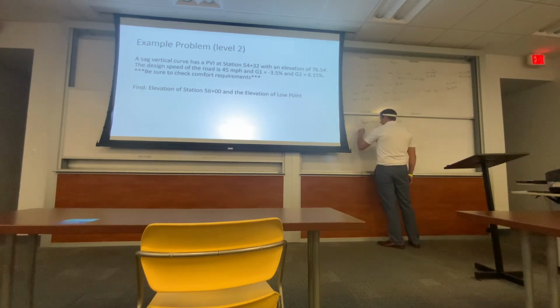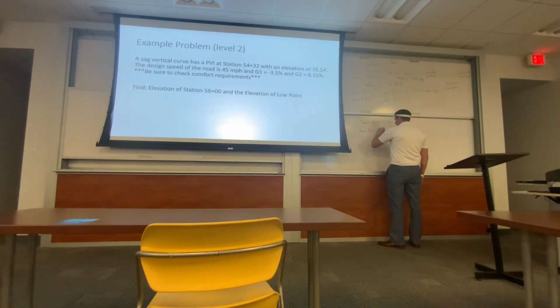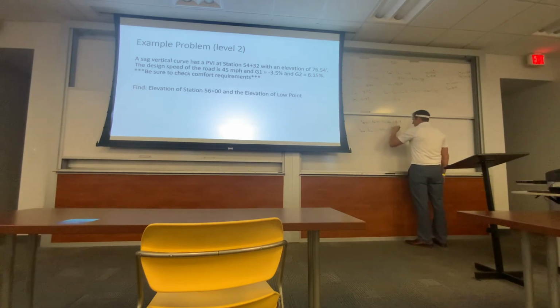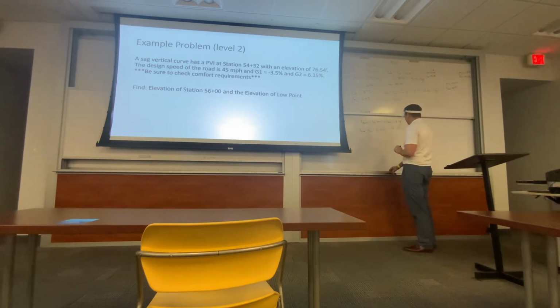Okay. Y of 56 plus 00 equals Y PVC plus G1 times 578 plus G2 minus G1, I don't know why I'm doing this kind of hybrid weird thing.